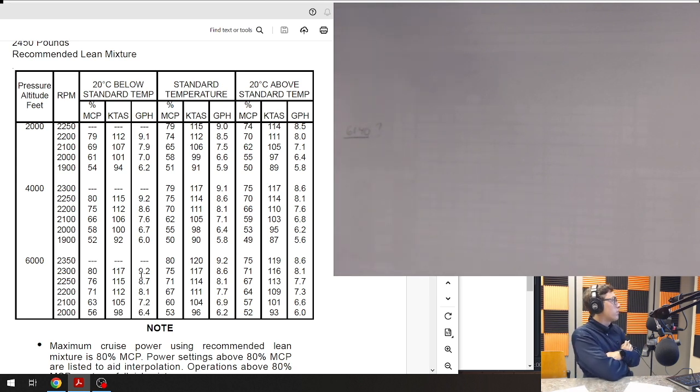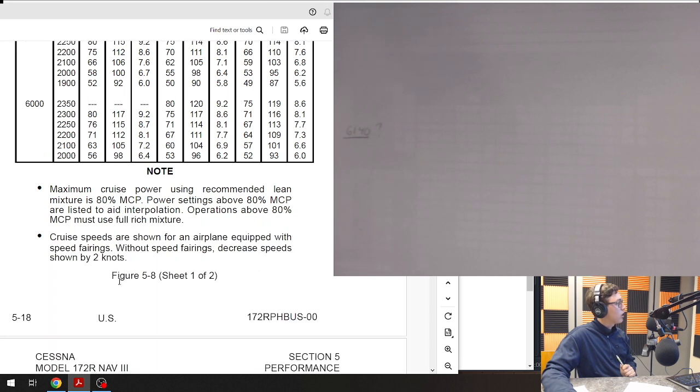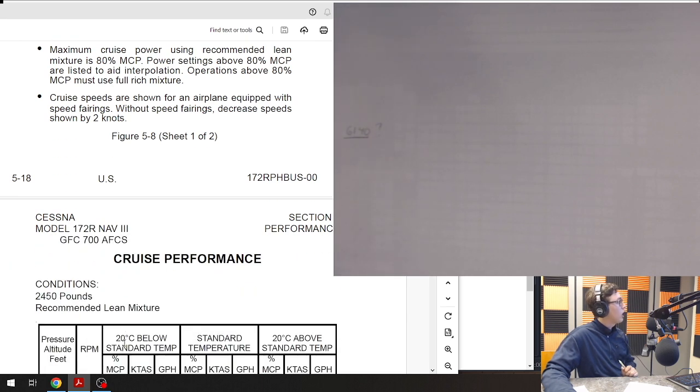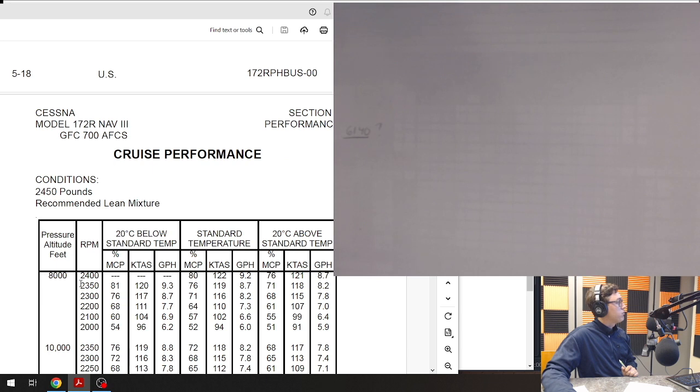Let's find an RPM that we can use that has good range, not on the very high end, because I don't want to be operating at max power, that gives me a true airspeed. So I'm looking at 2250 here. And let's also look at what's between there. So 6,000, that's the lower end. And then the higher end of that would be my 8,000 foot range here.